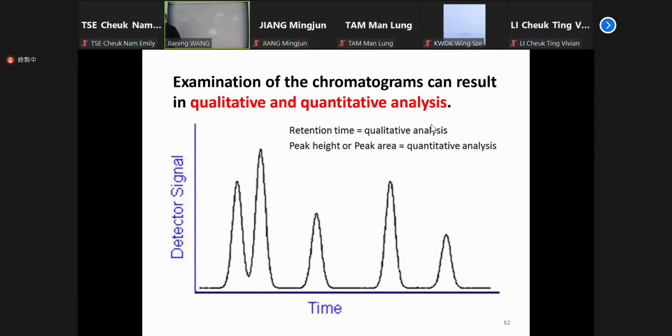Okay, so if we fix the column condition, the retention time of a species can bring us qualitative information. And the peak height or peak area can bring us the quantitative information.